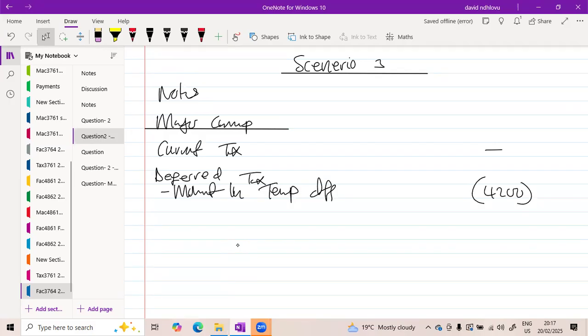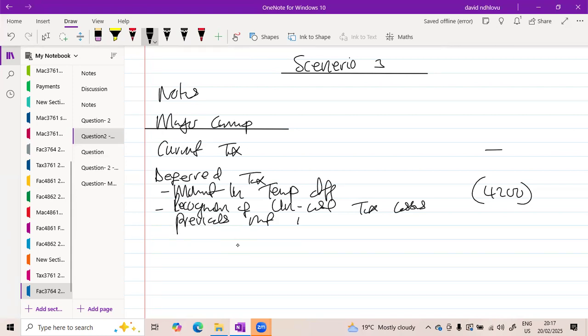Then next, we have a recognition of unused tax losses previously not recognized. Remember, we had 550 in the prior year, but we had only allowed 60,000.